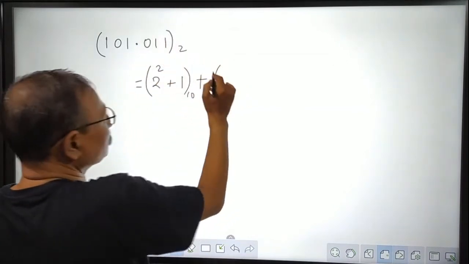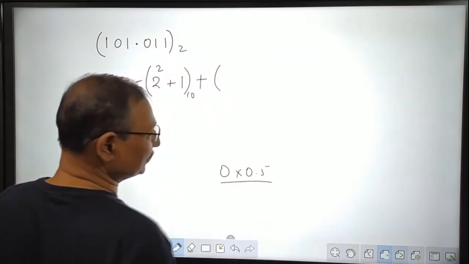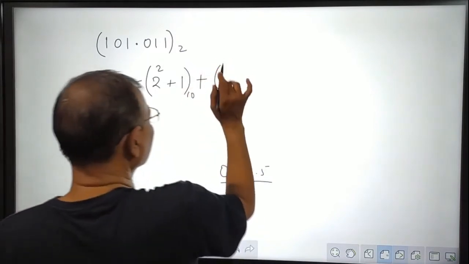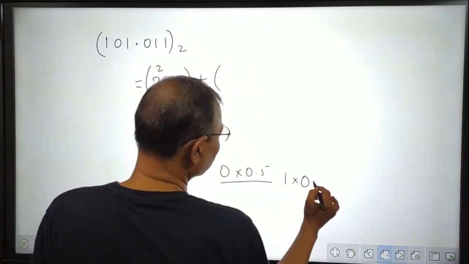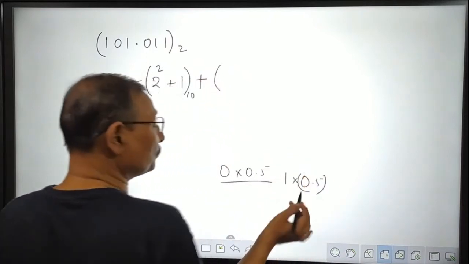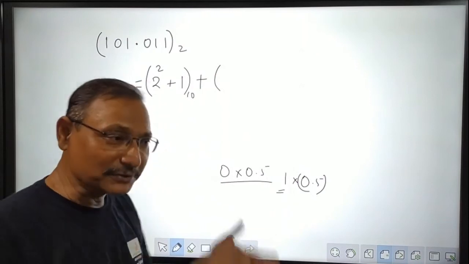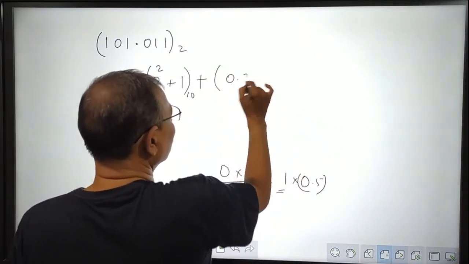So this 0 is supposed to be multiplied by 0.5. We know that if any number is multiplied by 0, it gives 0. So I am not writing it. And this one is supposed to be multiplied by 0.5 square, that is 0.25, and if any number is multiplied by 1, it gives the same result. So I am not using 1, simply I am writing 0.25.